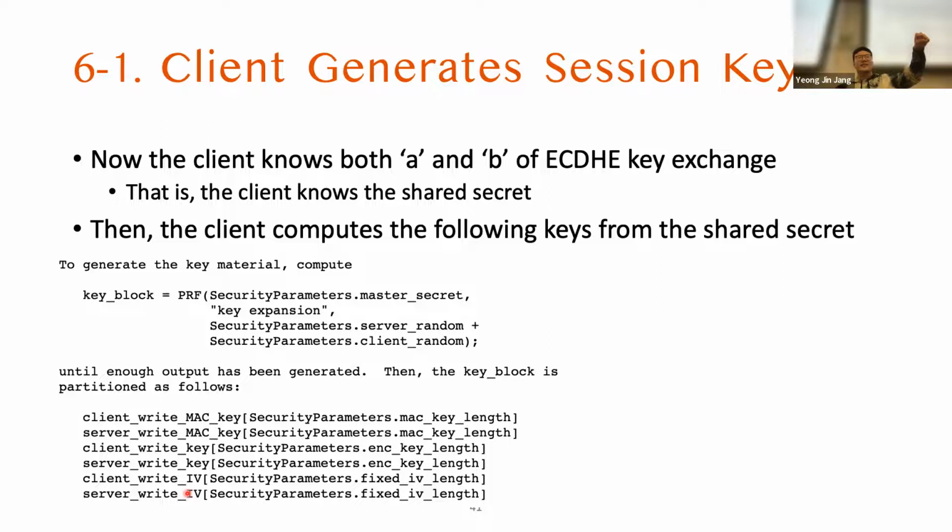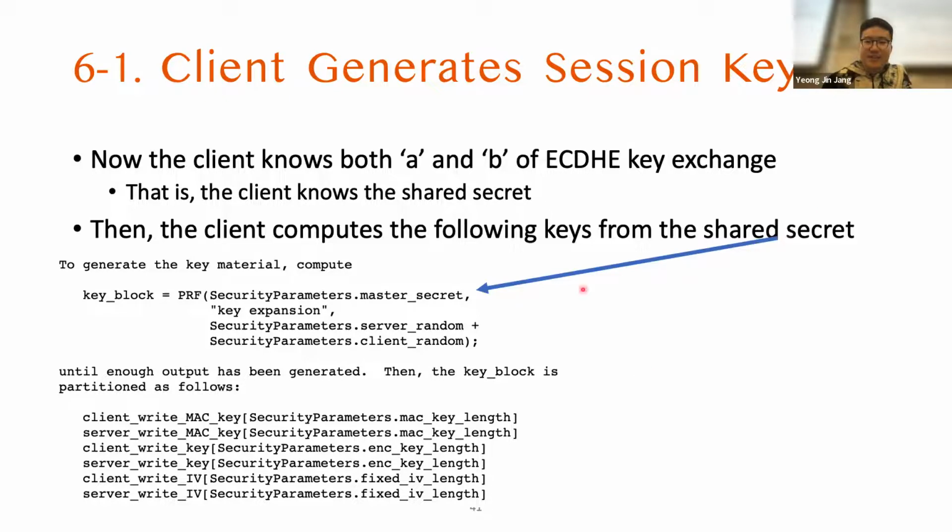When the server sends a packet to the client, they will use the server write key, along with the corresponding IV and HMAC key. The reason we separate client and server keys is to identify who wrote that message. If it is decrypted by the server write key, then we know the original writer of that message is the server.